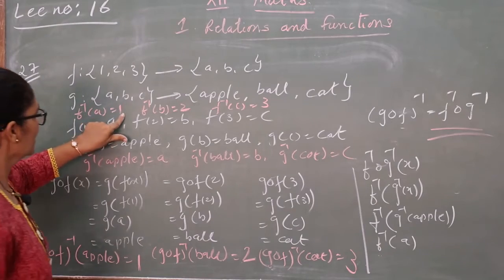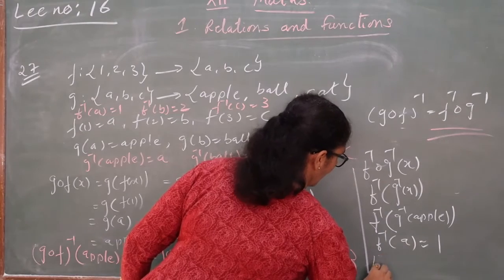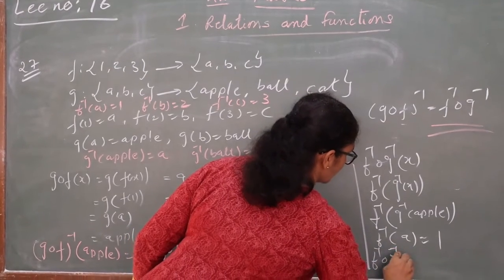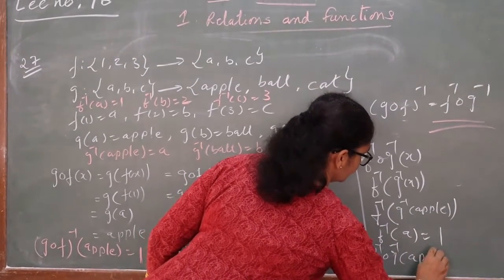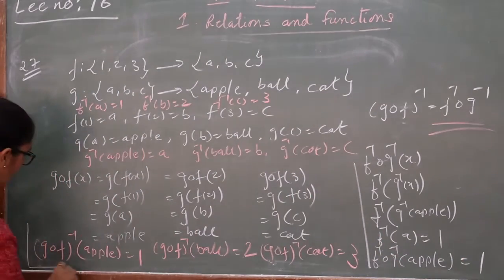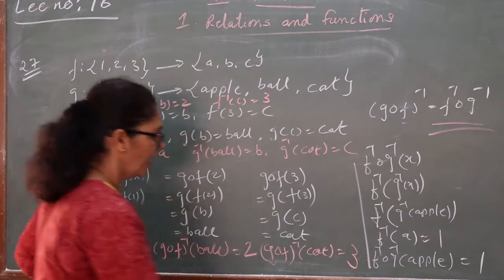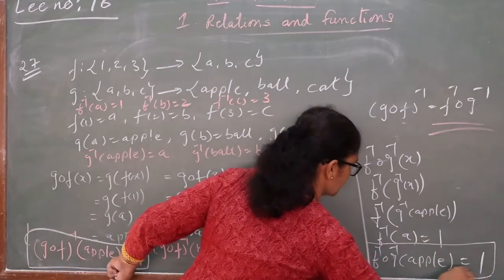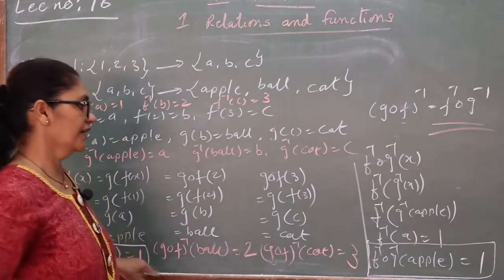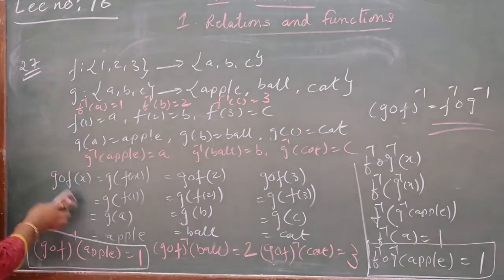F inverse A is 1. So what do you get? For F inverse over G inverse for apple, we are getting 1. Check it. G over F inverse apple equal to 1, and here also for F inverse we get 1 only. So from that you can say your first part is proved.